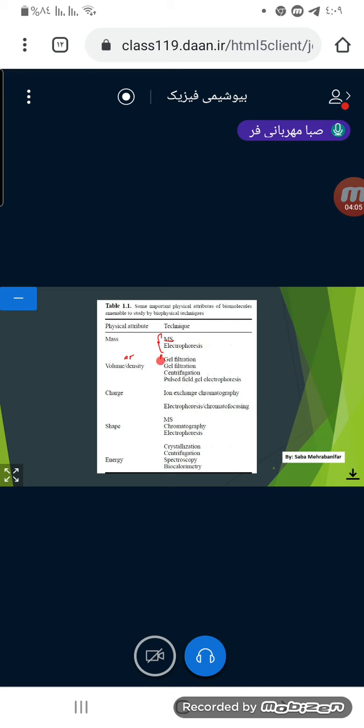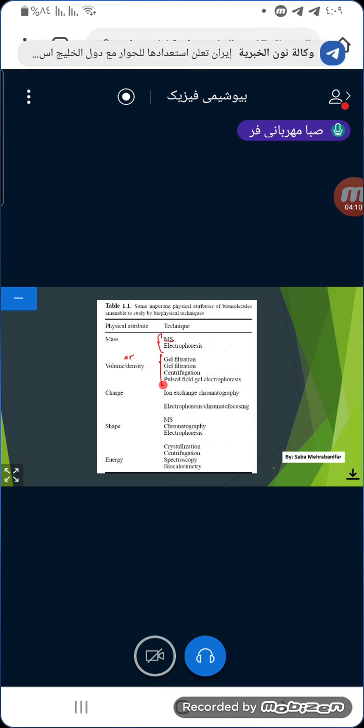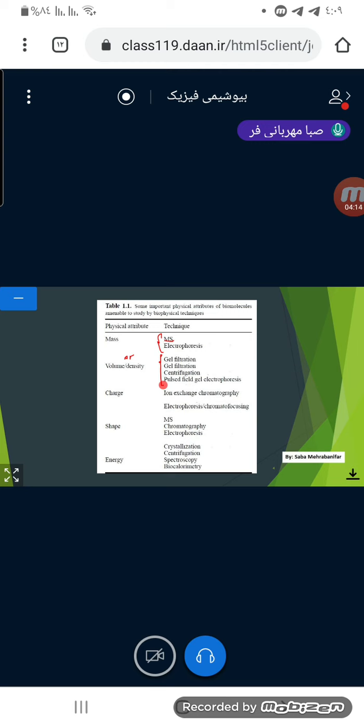This slash means or. These are some other techniques that we use usually in biochemistry. When you want to know something about the charge of a macromolecule, the techniques you can use are ion exchange chromatography or electrophoresis, chromatofocusing.